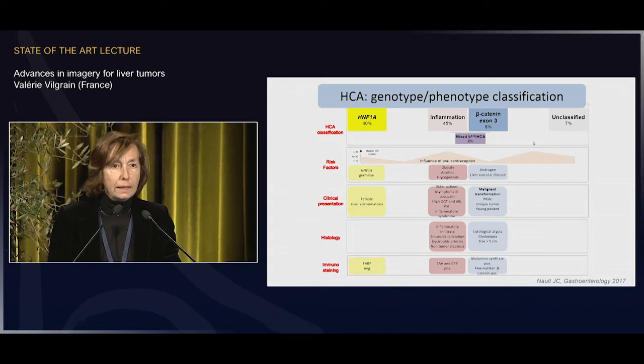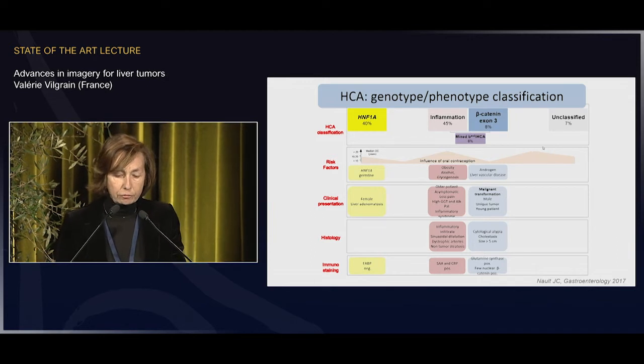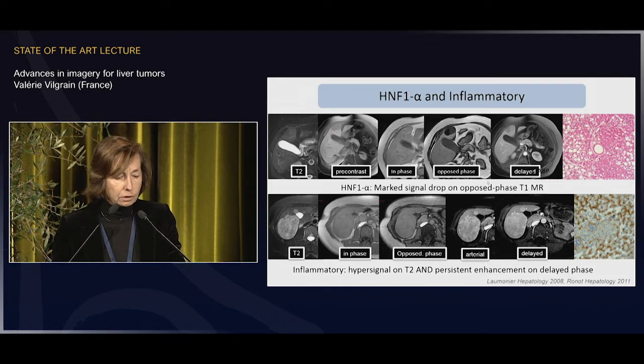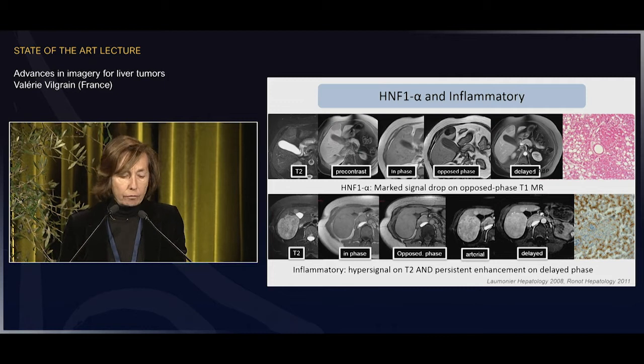Interestingly, we have been working on the imaging features after this genotype-phenotype classification, and the Bordeaux group and also our group have been able to find imaging features that are highly sensitive and highly specific for the subtype.